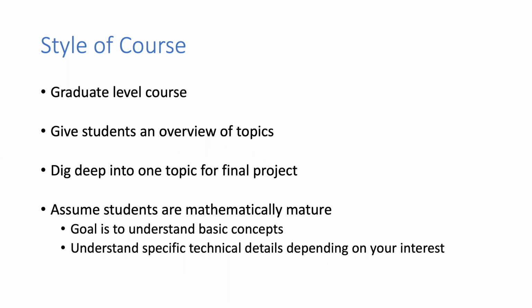This class does assume that students are mature, so we won't be doing much hand-holding in terms of the topics. And the goal of the initial part of the course is to give you a broad overview. And the students then are expected to dive deep into a topic on their own, or excuse me, in a group, but mostly independently. Obviously, the professors and TAs are there to provide guidance and feedback.